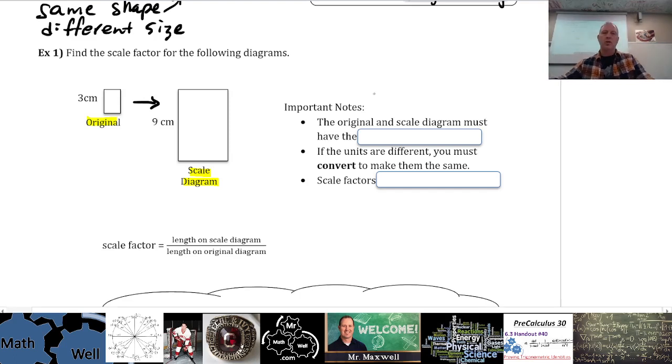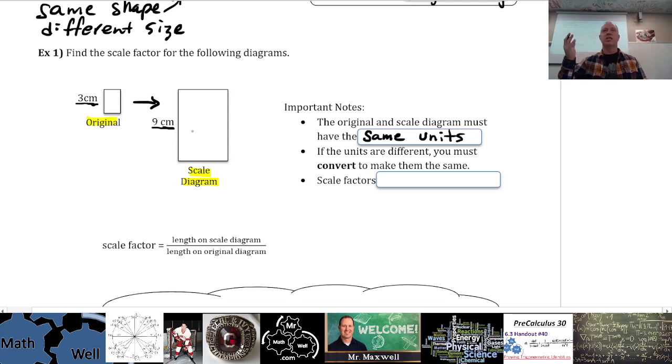Awesome. So important notes, the original and the scale diagram must have the same units. That's very important. Now notice that this length is given in centimeters, and this length is also given in centimeters. So that's really important for us to know.